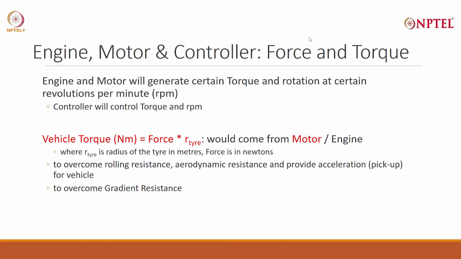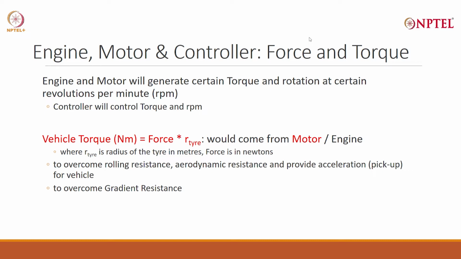We will get into details of rolling resistance. The second thing that it has to worry about is, as you are driving at a certain speed, you are actually hitting against the air, you are pushing the air away. That is called aerodynamic resistance. I am not talking about wind, I am just talking about air that is there, even if it is stationary, even if there is no wind.